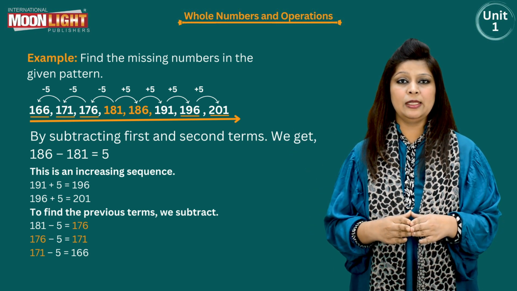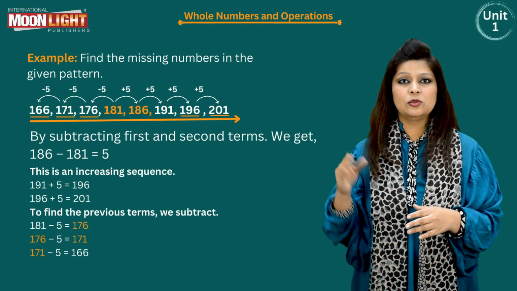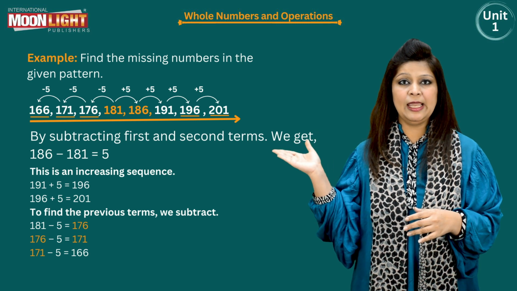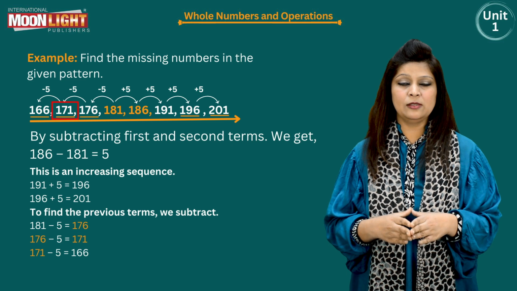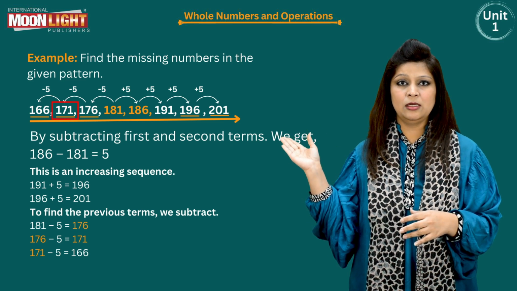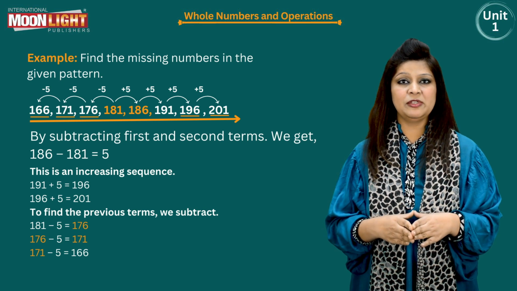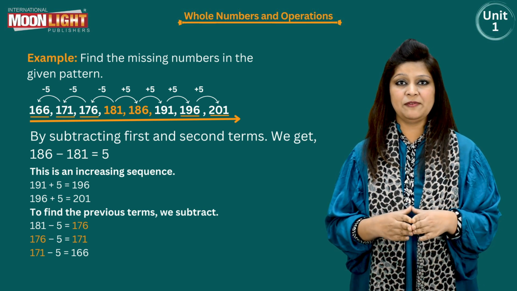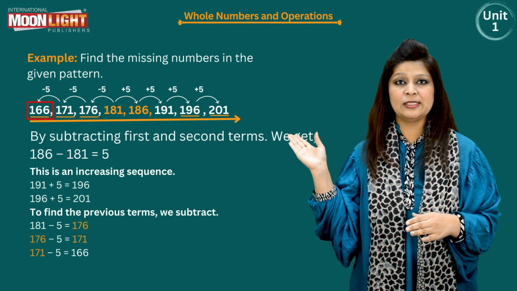Now I am going to write down the number which is missing before this number. So by subtraction again I will get the next number, 171. So I will write this number here. Now by subtracting 5 again from 171, I will get the previous term which is 166.